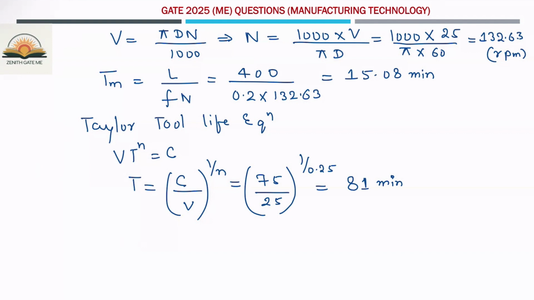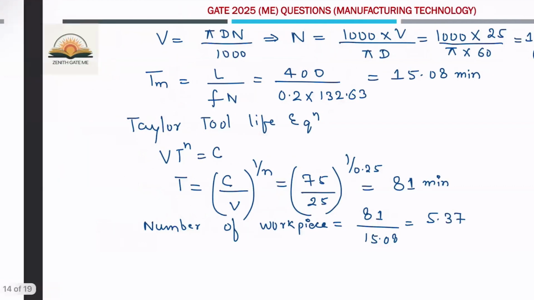So can you calculate the number of workpieces which you can produce before this particular tool fails? So 81 divided by 15.08, which is nothing but 5.37. Okay. Now the tool changing cost is also given.